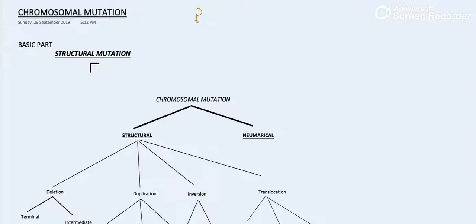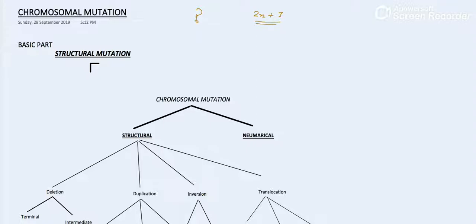It may be structural or it may be numerical. Like if two chromosomes are present and one more is added, you can say numerical, but today's topic is not numerical mutation. Our topic today is structural mutation. What are the structural changes that can occur in our body during chromosomal mutation?